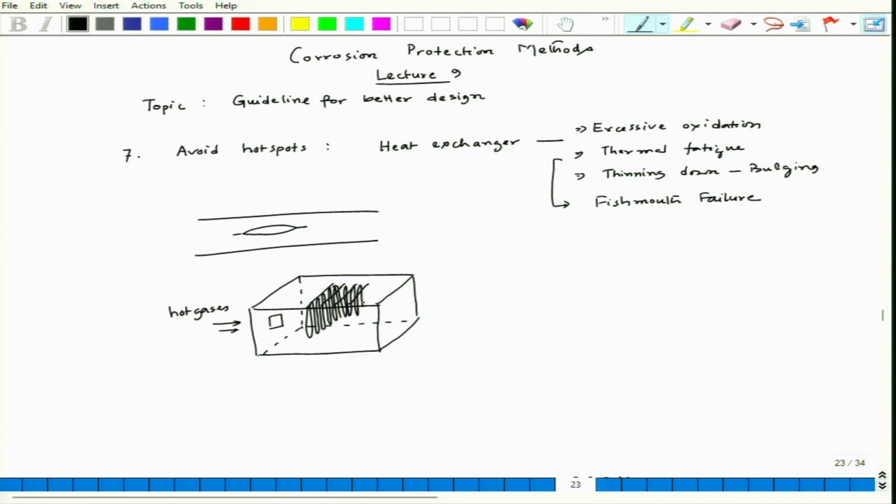Those tubes are lined up and hot gases are going like this, and there will be an exit.